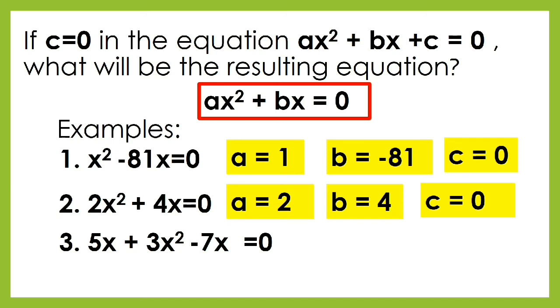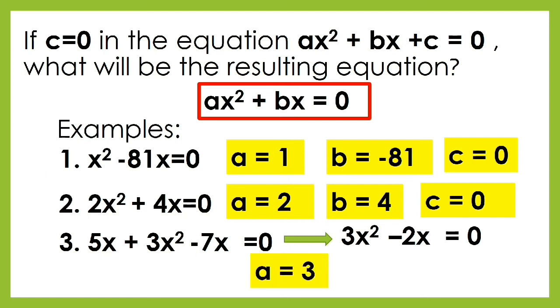We copy 3x squared since this is the term with the degree of 2. And then we combine 5x and negative 7x because they are similar terms. 5x minus 7x is negative 2x equals 0. We can now identify the values of a, b, and c. Our a is 3, b is negative 2, and c is 0.